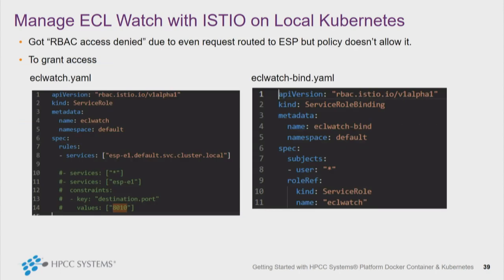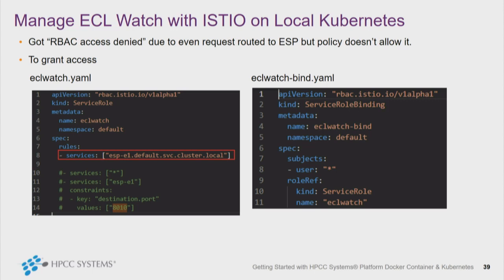So why is access denied? Because even though you allow the ESP to handle it, you didn't tell the system who is allowed to access. So you need to tell the system who you allow to access 8010. There are two files. In the first you define your policy.